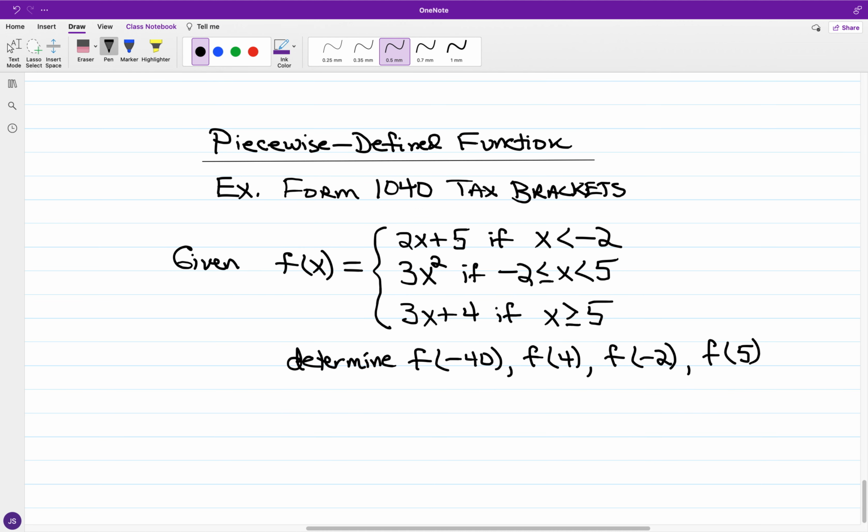Okay, now for the determination of which one of these you're going to be using, you're going to determine the size of the input and which of these cases will be the relevant one. So for f of -40, your input value is -40, and the one where that belongs is where -40 is less than -2.